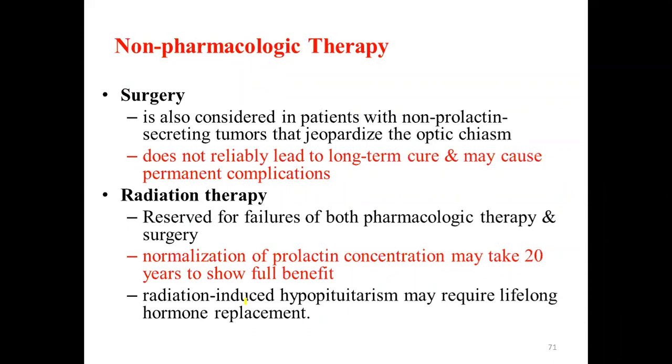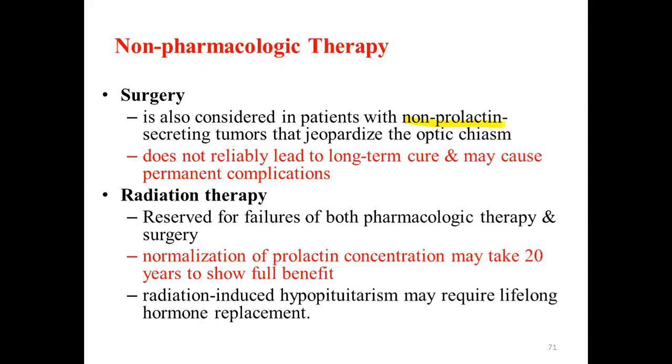In terms of non-pharmacological treatment modalities, I have already mentioned the role of surgery and radiation therapy. These are usually considered when a patient has a condition refractory to pharmacological treatment, especially a non-prolactin secreting tumor that jeopardizes the optic chiasma.